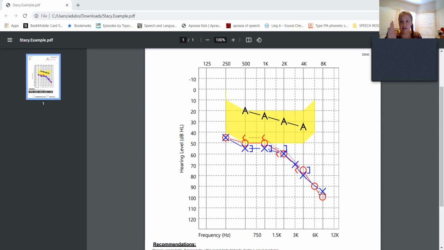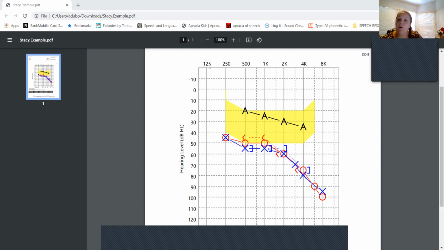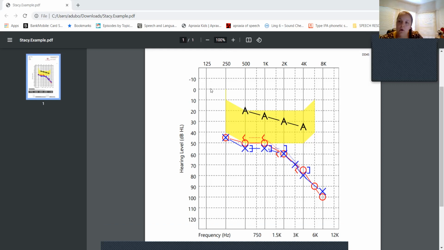So the vertical lines that are going across, we see 125, we see 250. These are frequencies. So 125 is really low, like a lawnmower or like a water drop.